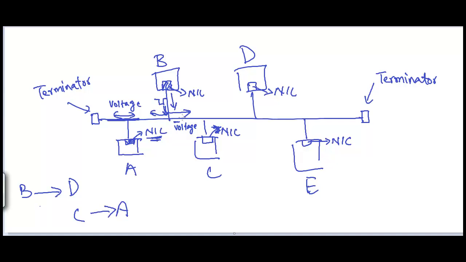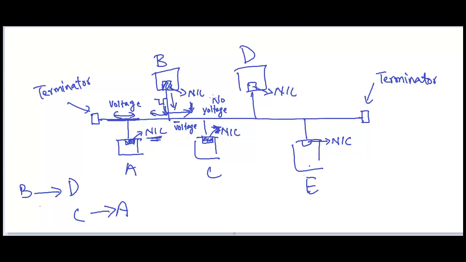But at the same time, C checks the wire through its network interface card, and because the voltage signal sent by B has only reached this point right now, it has not come all the way across the wire to C. So when C senses the wire, C sees that there is no voltage on the wire.